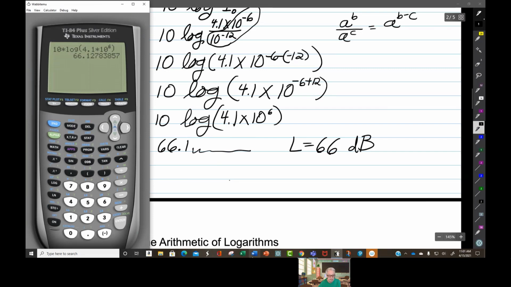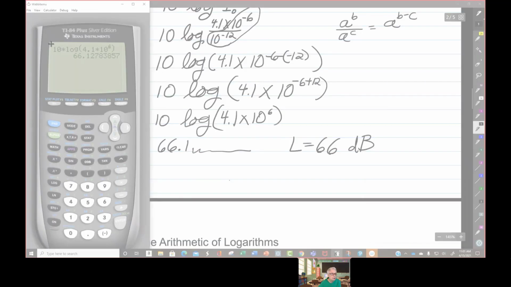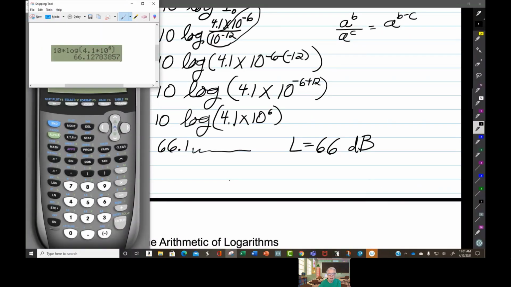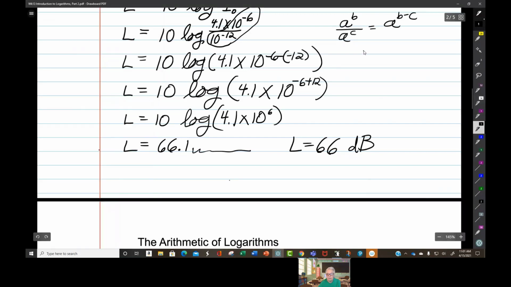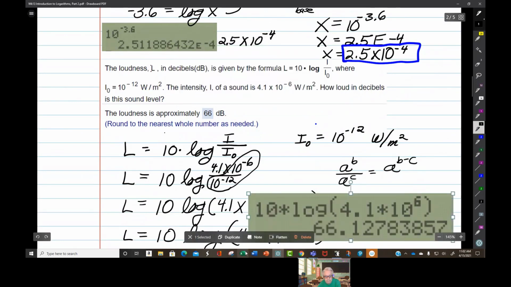So let's do this just for future reference. There it is. And we'll just make it fit.